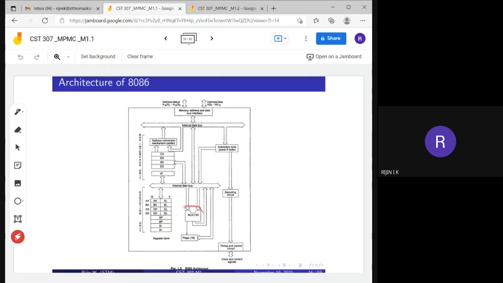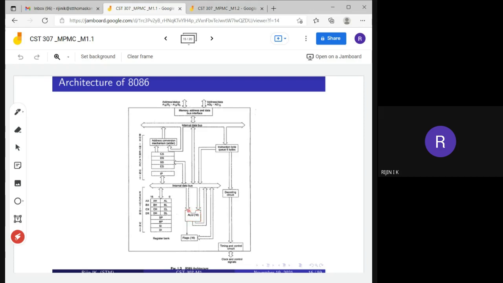Then the next unit is the ALU. In 8086, the ALU is a 16-bit ALU, which is used to perform arithmetic and logical operations.